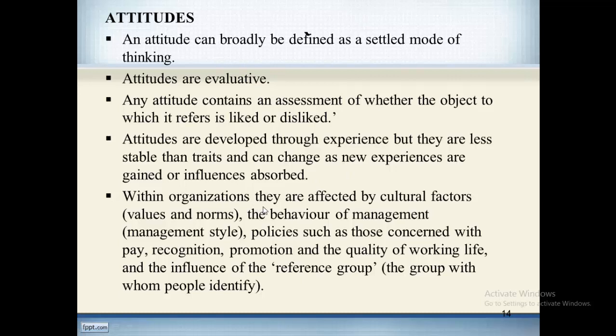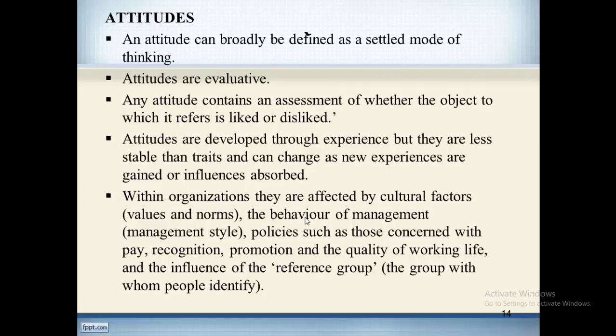Within organizations, attitudes are affected by cultural factors, the behavior of the management, and policies such as those concerned with pay, recognition, promotion, quality of working life, and the influence of the reference group, the group with whom the people identify.